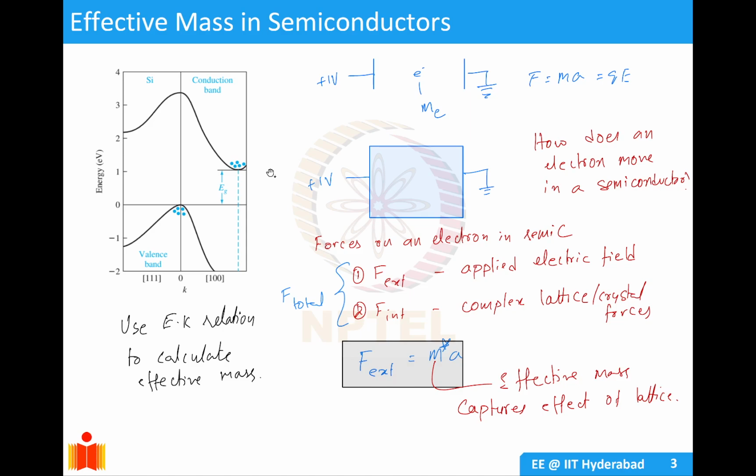But when they are in a periodic lattice, the energy band looks like a parabola. If we solve the parabolic equation, we find that the mass of electrons is different from the regular mass m naught, and this new mass is called m star, or the effective mass.